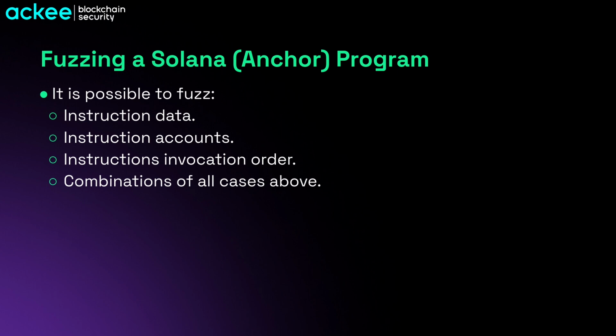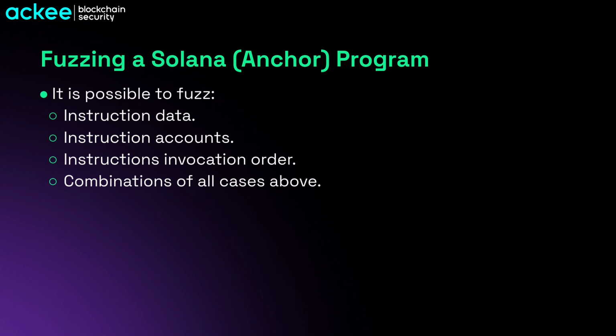And the third point here is the instruction invocation order. Another vulnerability is that an attacker may execute instructions in an unexpected order, which may, for example, give access to some funds that should not be accessible, and so on.